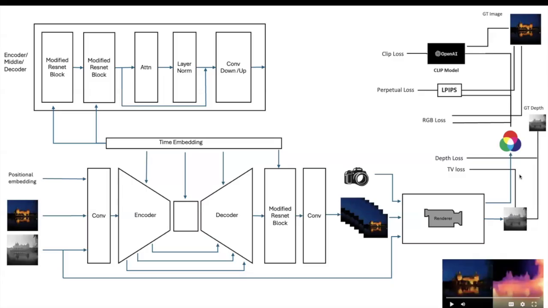So as I explained, we use clip loss and perceptual loss, and these are quite important because clip is a pre-trained model and it excels at understanding images, and it can be effective in ensuring semantic consistency between the images and the output of the models.